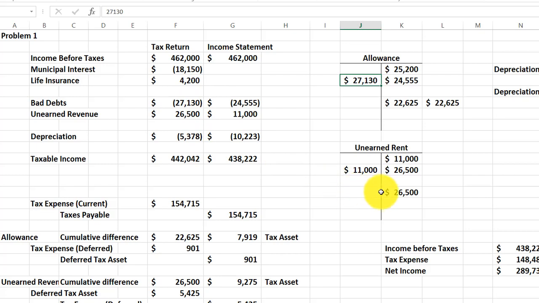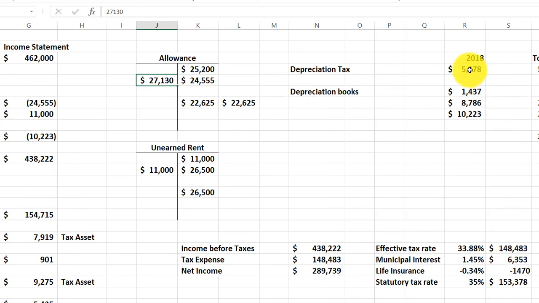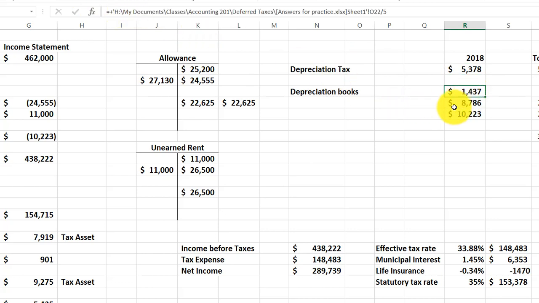On depreciation, we have a little schedule over here that says our depreciation for the year for tax purposes is $53.78. You'll see the formula up here using MACRS. And then we have the two assets, both on our books, going straight line over the course of their lifetime, and that total is 10.